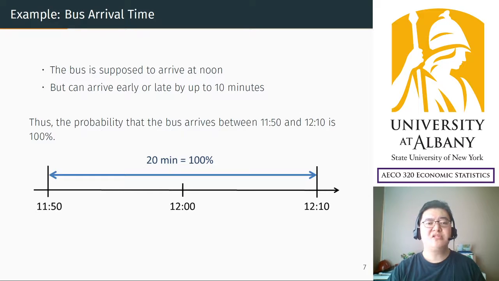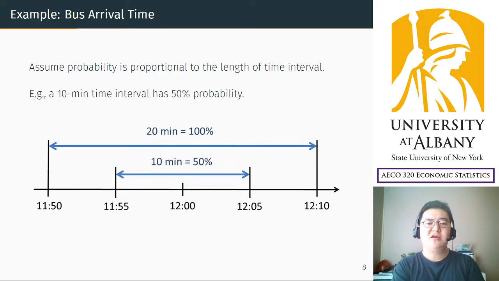To simplify the probability model, I'm going to assign 100% to the interval from 11:50 to 12:10. So it is supposed to come at noon, but actually it may arrive within those 20 minutes, and that is 100%. So simply 100% lies on a 20-minute interval.